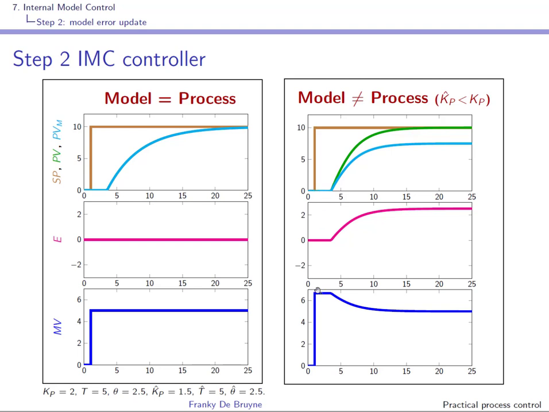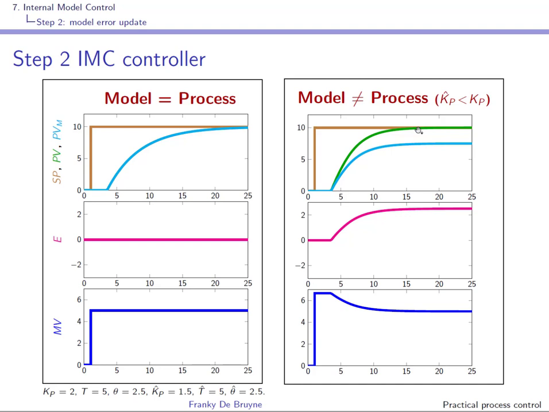During the period of the delay, nothing happens, but then, since you look at the model error, you will see that the actual process is evolving faster than the model. So you will start to see a model error, and this model error is used to reduce MV. But in any case, as we had anticipated, even with a model that is not the actual process, we can still ensure that PV is going to go to set point.